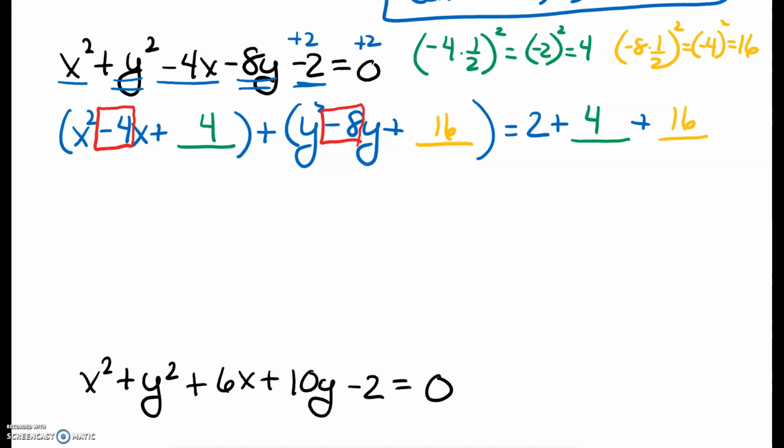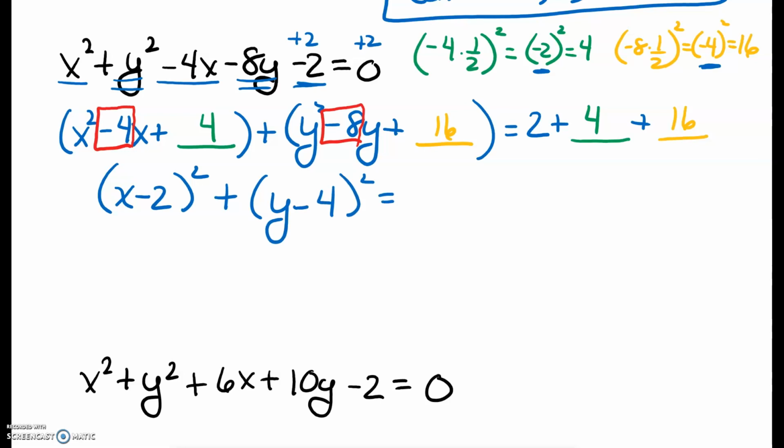So now when I factor, I should see a negative 2 in my green factor, x minus 2 squared. I should see a negative 4 in my yellow factor, y minus 4 squared, and that equals 22. All right, so this is close to the form, right?